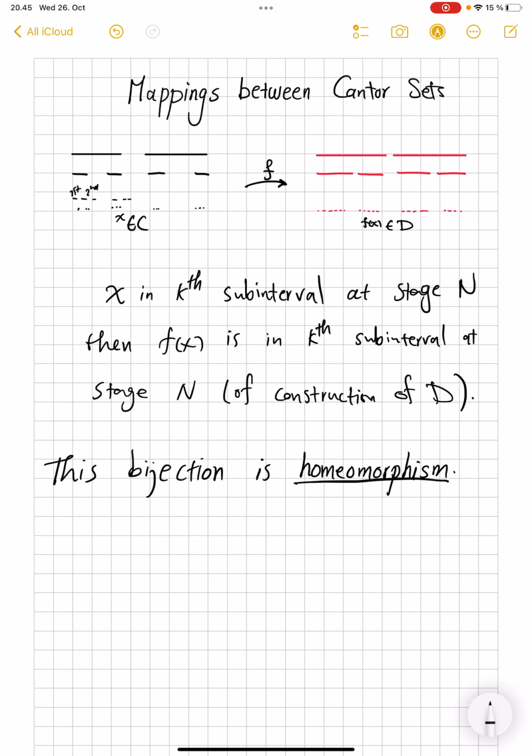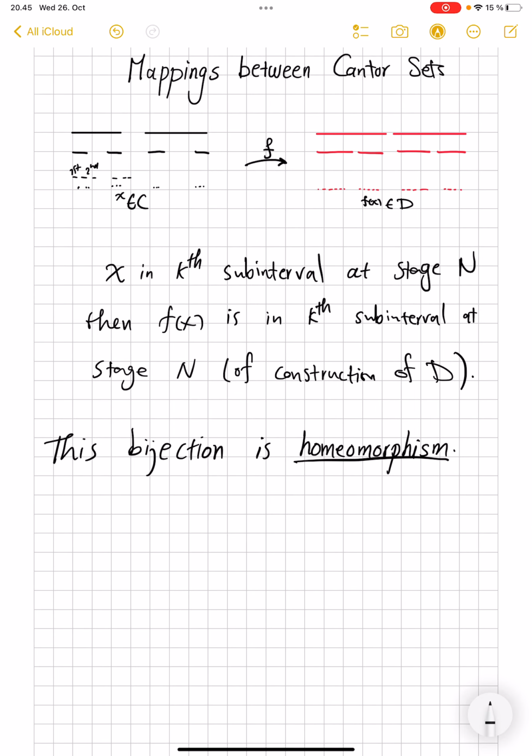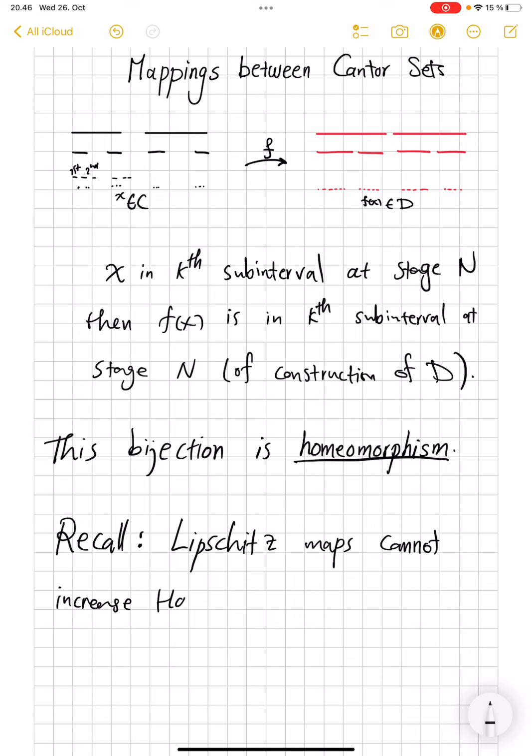that will not be the main topic of my presentation today. What I'm interested in is finding Lipschitz maps between Cantor sets. With Lipschitz maps, recall that Lipschitz maps cannot increase Hausdorff dimension.